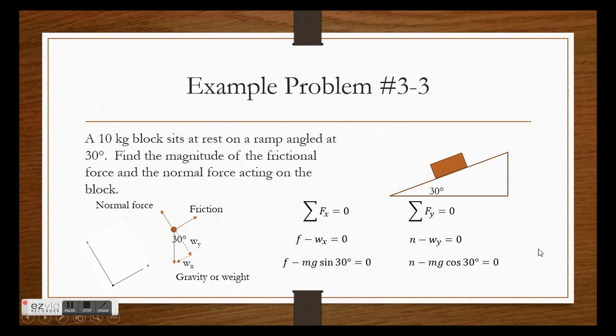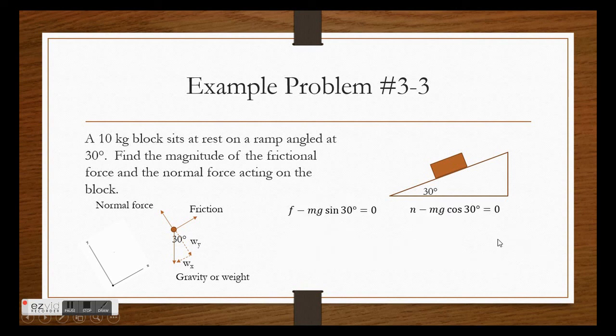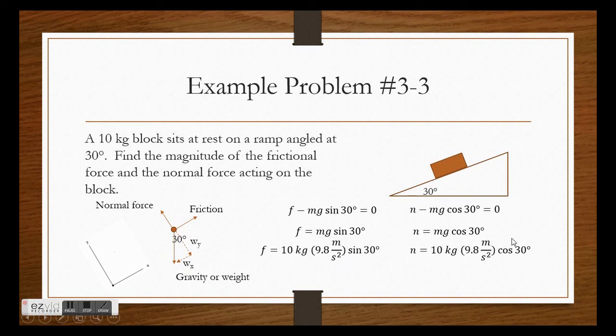So what we're left with now is 2 equations, 2 unknowns, and each one of those equations can be directly solved for an unknown without doing any substitution. Frictional force is equal to mg sine of 30, normal force is equal to mg cosine of 30.